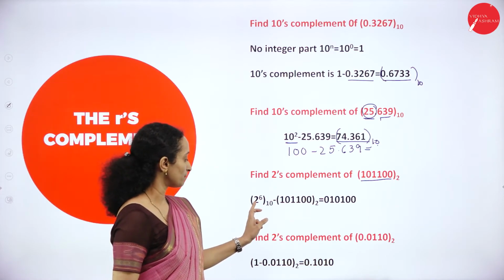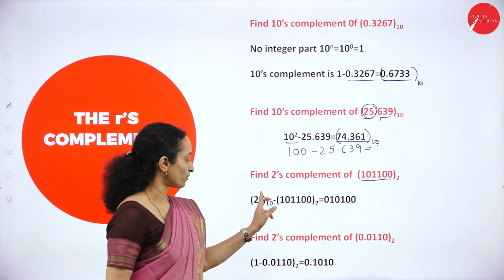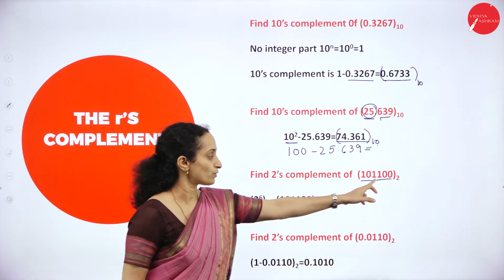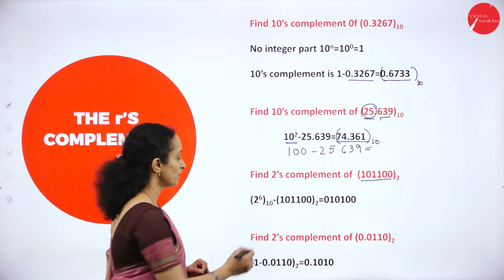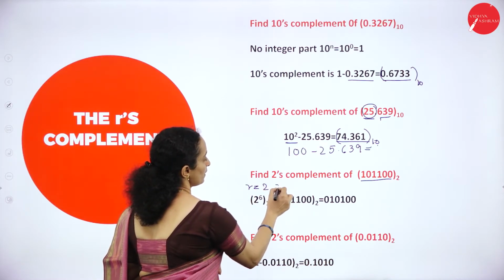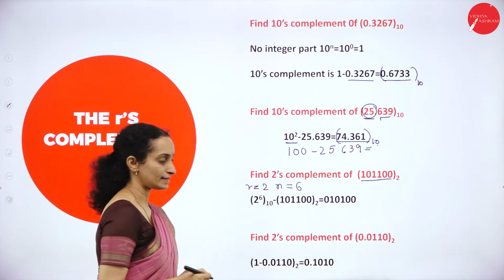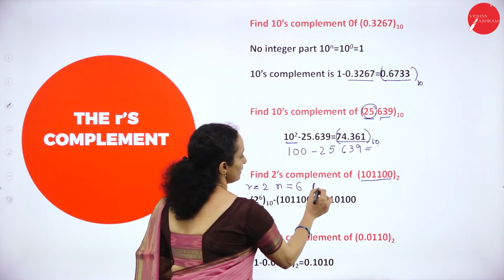So base R will be 2, to the power of n, which is 6, the total number of digits. R here is 2, and n is the total number of digits in the number, which is 6.